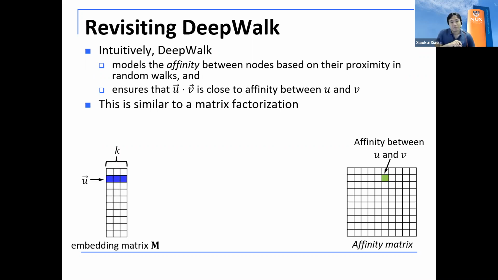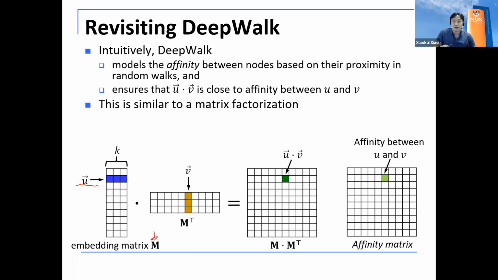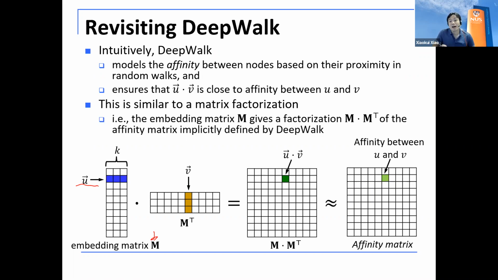And then if you think about the embedding that DeepWalk generates for each node, you can think of it as something that forms an embedding matrix, where each row corresponds to the embedding vector of that node. In that case, what DeepWalk was trying to do is to make sure that when you take this embedding matrix multiplied with its own transpose, then the end result would be an n by n matrix that approximates the implicit affinity matrix. So at a high level, this is what DeepWalk was doing.